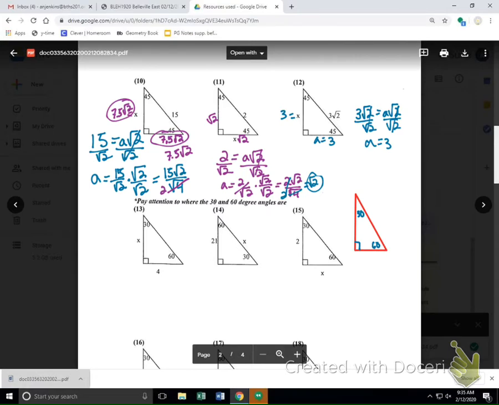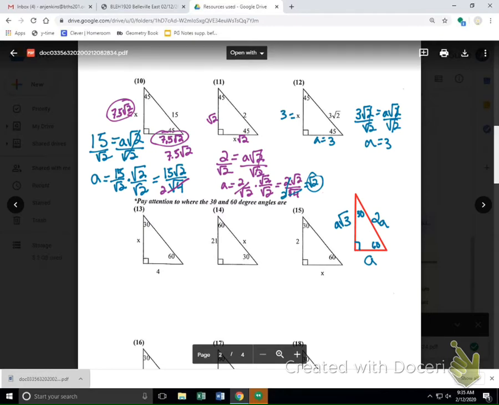Okay, so now we're on to 30, 60, 90. What's the side length across from the 30? A, yep. What's the one across from the 60? A root 3. And then our hypotenuse is 2A. So you go over here. Which side length do we have? It's across from the 30, the 60, or the 90? 30.